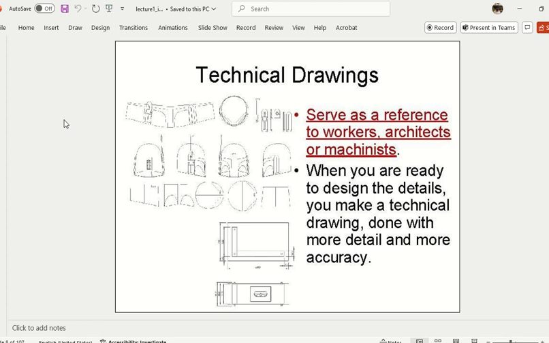The details come from the technical drawing, and they are accurate, they have all the dimensions. So now you can use it for construction and manufacturing. If you are the contractor, you cannot construct a sketch. You can construct according to a technical drawing. Got it? Clear?